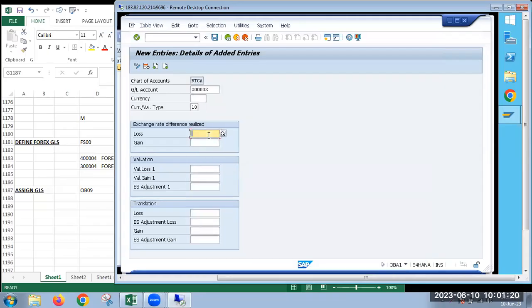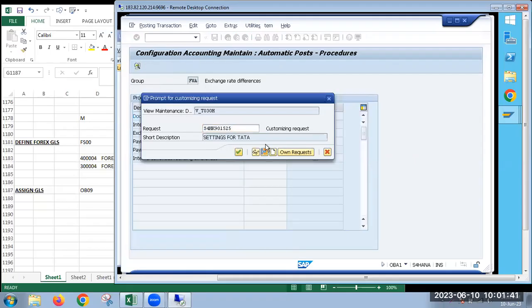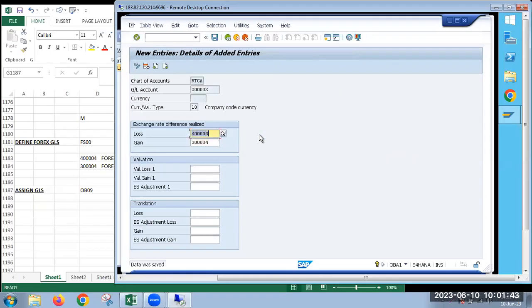I have to identify this as either forex loss or forex gain. So the system will identify. The system knows whether we are paying or receiving, whether it's higher than the amount or lower than the amount. So what is the difference? Set. Done.